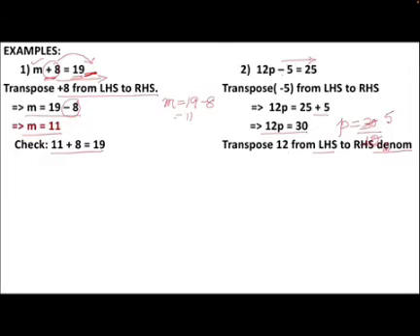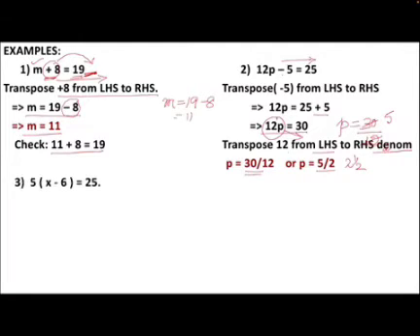I have specified here so that you will know that since it's multiplied here, when it shifts to RHS, it gets divided. Okay. So p equals 30 by 12 or p equals 5 by 2. Even if you leave it as 30 by 12, no problem. But generally what we do is fraction is always written in simple form, is it not? It's in its lowest form. Okay. So p is 5 by 2 or 2.5.